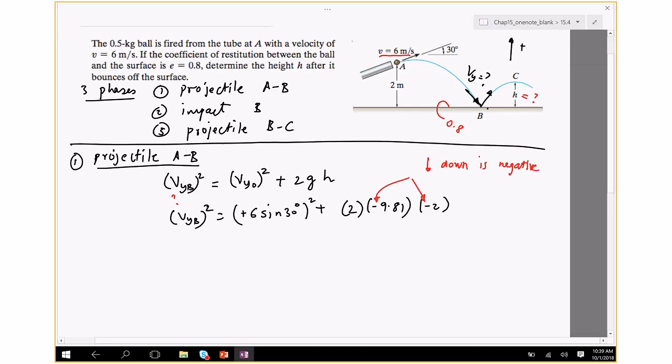Okay, so that is a single equation in a single unknown, Vyb. If you solve this, you get 6.94 meters per second.